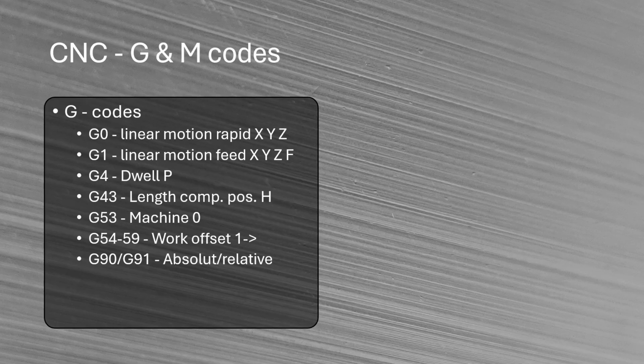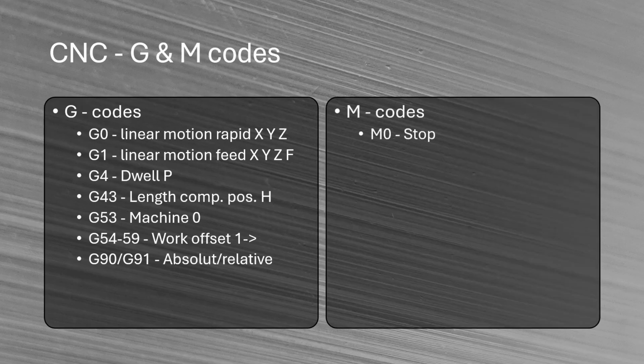What I usually say, and why it's very relevant, is that it can be a little bit dangerous to leave it in G91. For that reason, at the top of all programs, you always need a G90, because you don't know if it was in relative mode. You can easily cause a crash if it was in the wrong mode and you try to go 100 millimeters down right into the table or something.